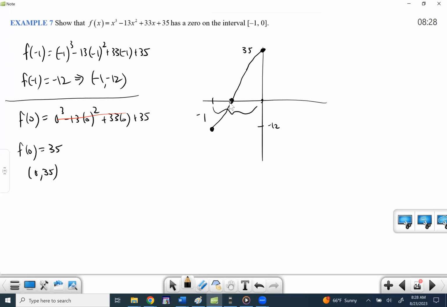Now, I don't know if it looks exactly like that. It doesn't say show how many zeros, it just says show that it has a zero.